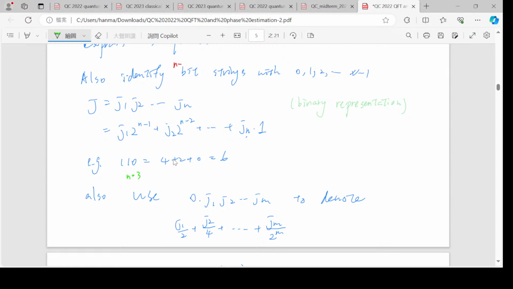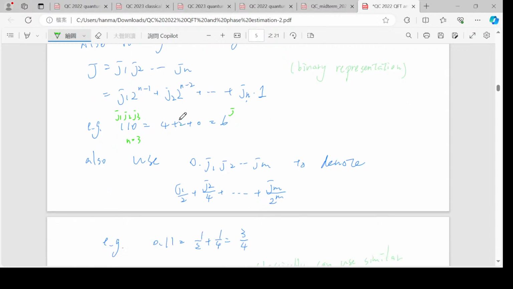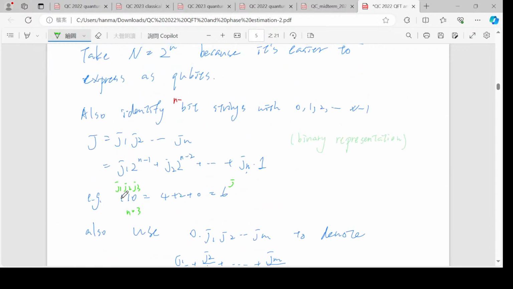So it's 1 times 2 squared plus 1 times 2 to the 1 plus 0, which is 4 plus 2 plus 0, equal to 6. So J equals 6, and J1, J2, J3 is 110. This is just binary notation, which should be very familiar.